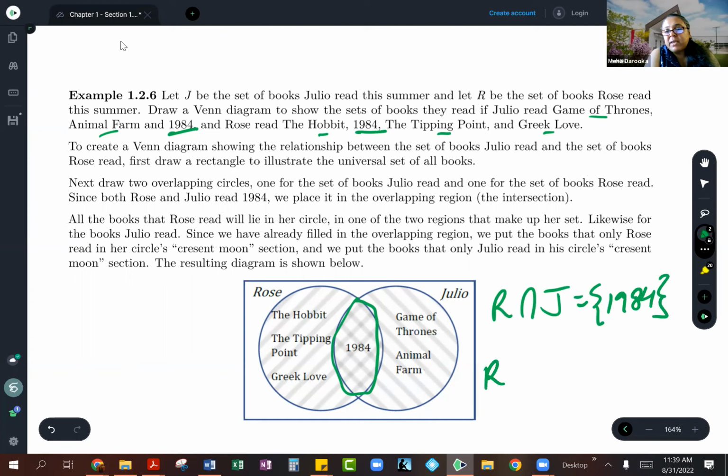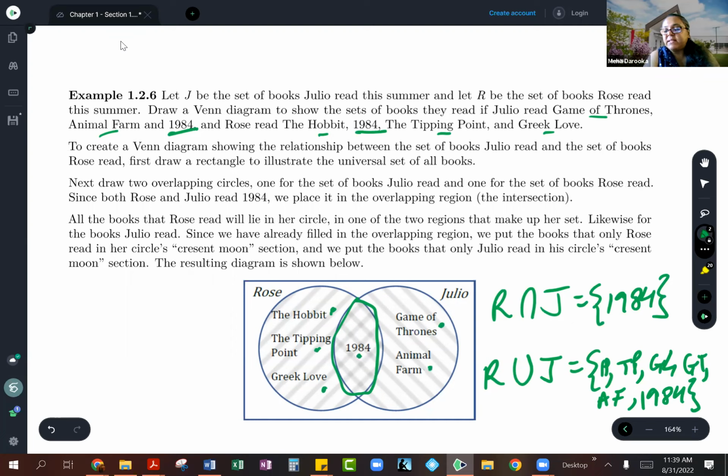Now, if we were talking about a union between both of them, then that would list The Hobbit, The Tipping Point, Greek Love, Game of Thrones, Animal Farm, and 1984. So you would list everything that Rose has read, everything that Julio has read, and then if they had anything in common, you go ahead and list that also.